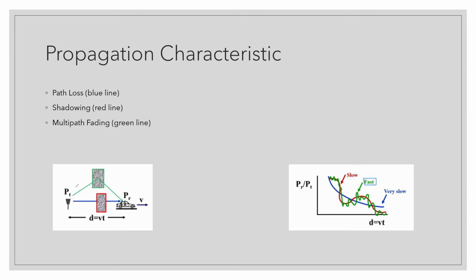As the distance increases, the receive power drops exponentially. This is indicated by the blue line. The red block represents an object that creates a non-line of sight scene. The graph shows the intensity of the receive power change as shown by the red line.